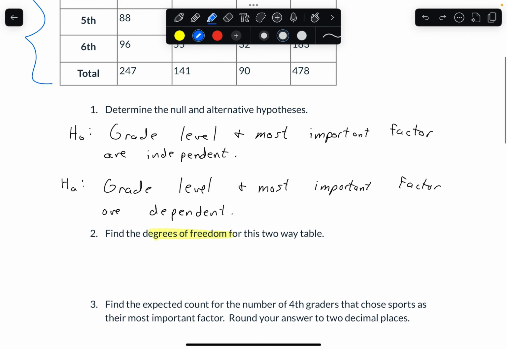We need to know the number of rows times the number of columns. Oh, no, I'm sorry. I misspoke. It's the number of rows minus 1, times number of columns minus 1.